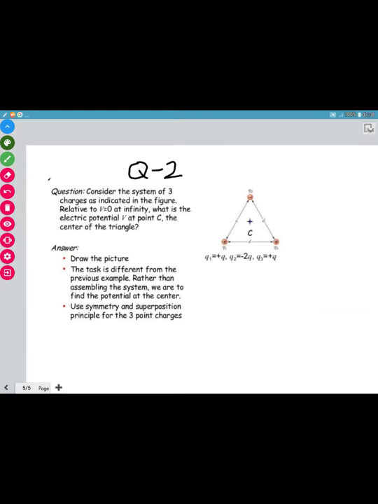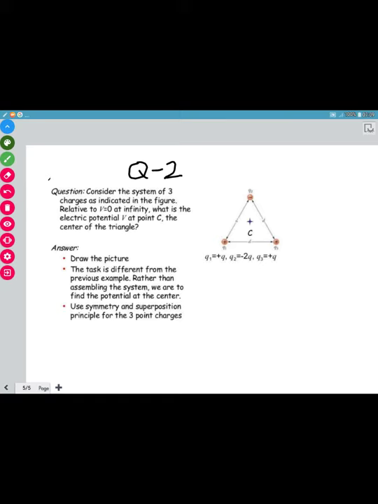Now the next is a question for you, student. Consider the system of three charges, as given in the question, and V is equal to 0 at infinity, as we all know by definition.